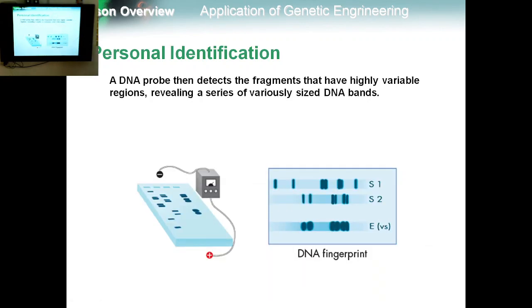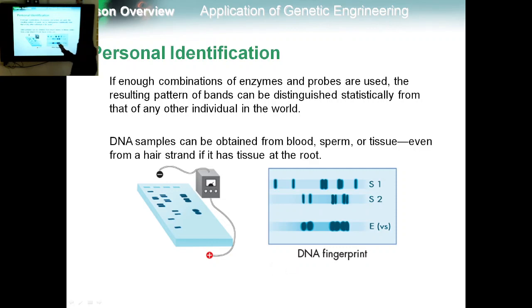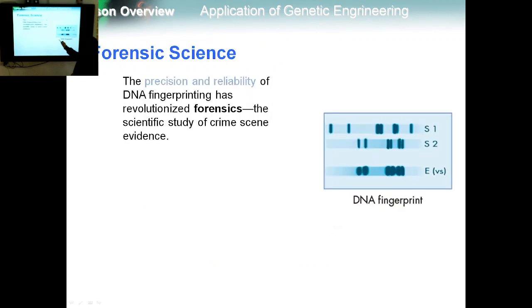Again, a DNA probe then detected the fragments that have highly variable regions, revealing a series of variously sized DNA bands. So this is a band, and this is a band here. And you can say this band is similar to S2, this band is similar to S2, and so on.